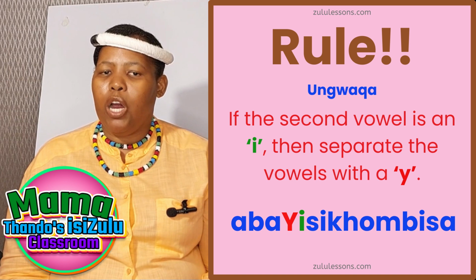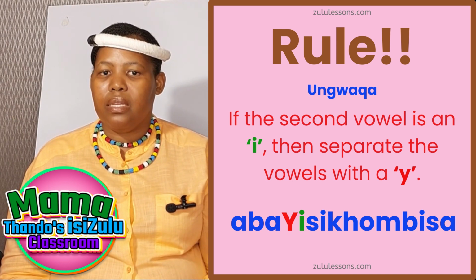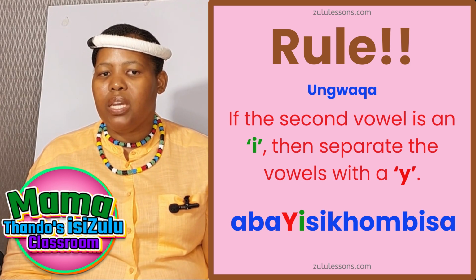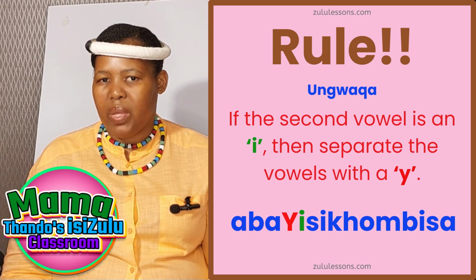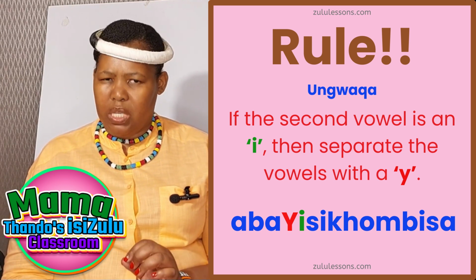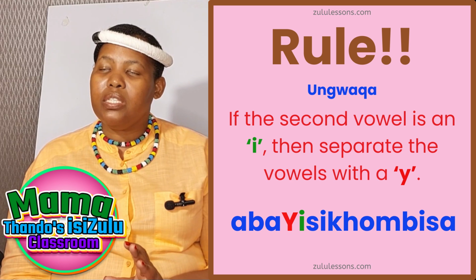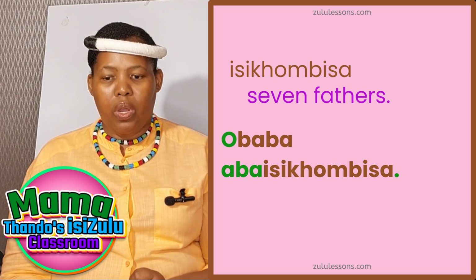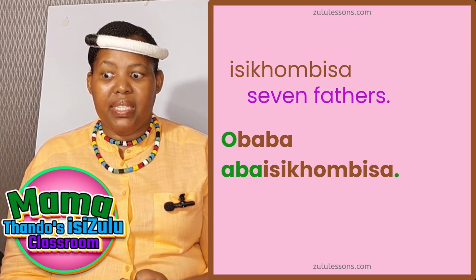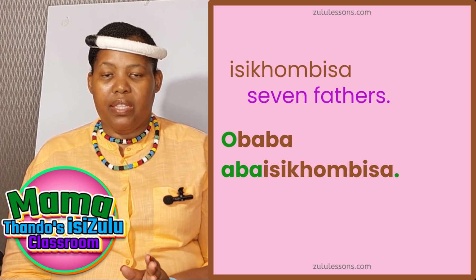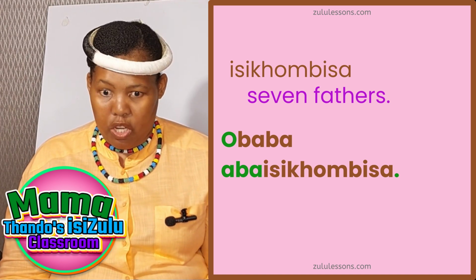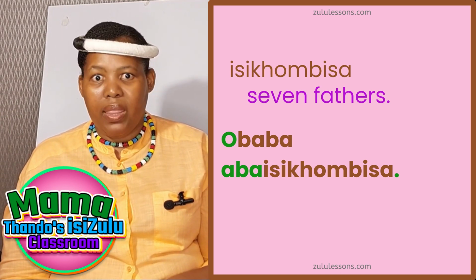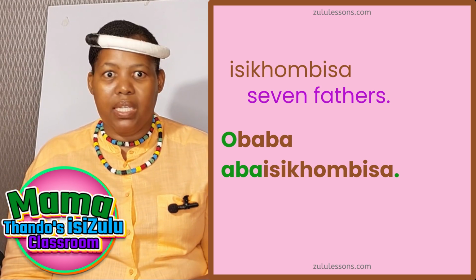If the second vowel is an I, then you will separate with the consonant Y. But say you've forgotten that it's supposed to be a Y, and then you are writing it and you're like, whoa, I just made a very big blunder. I may not know how to separate these, but I do know that this is just not right. I cannot have 2 vowels next to each other in isiZulu, like book in English or read in English.